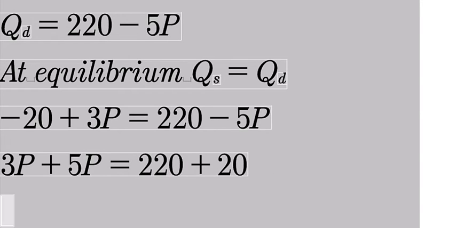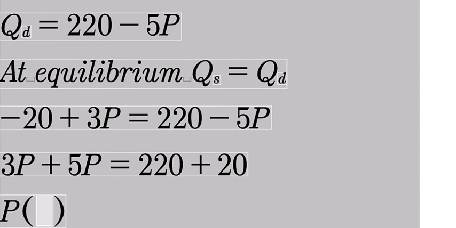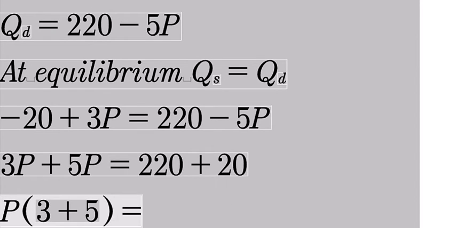So we factorize. The common factor there is P, so we factor out P from the left-hand side of the new equation to have 3 plus 5, to be equal to, we sum the constant at the right-hand side to have 240.